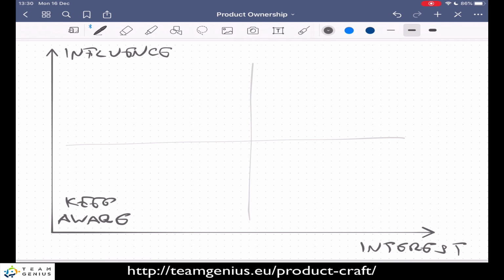High influence and low interest is an area where the people would be kept satisfied. And those where there is high influence and high interest, we would definitely want to keep those people engaged. And then we've got people who have high interest but low influence. Now those people we want to keep informed.